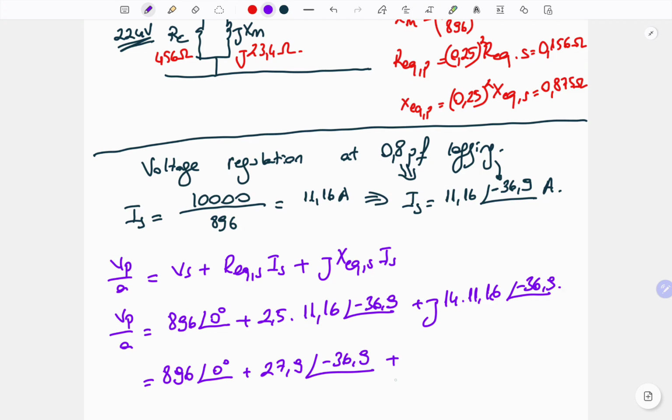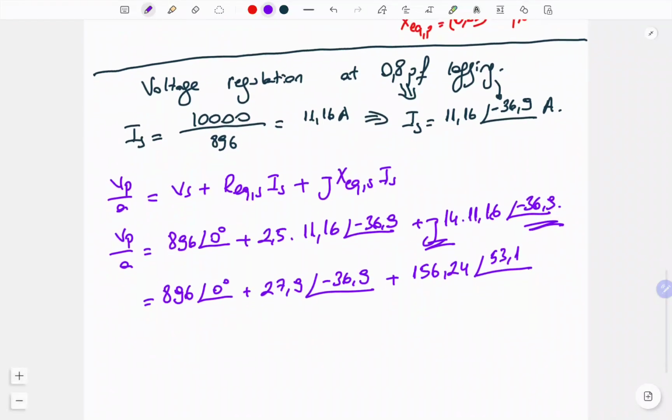Then for the leakage reactance voltage drop, the magnitude will be 156.24, and the angle will be 90 from the complex operator, 90 minus 36.9, which is 53.1 degree.